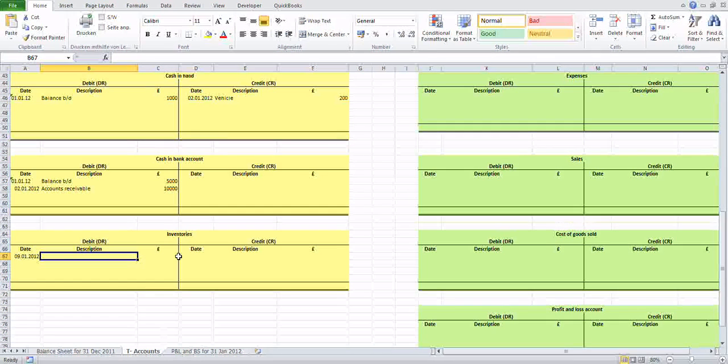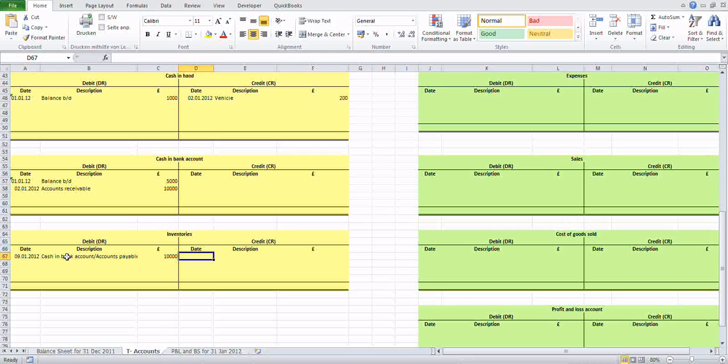So let's do that. Inventories, cash in bank account, as well as accounts payable, because we are going to owe half of this. The inventory is increased by 10,000, that's the value of the stock we're purchasing.